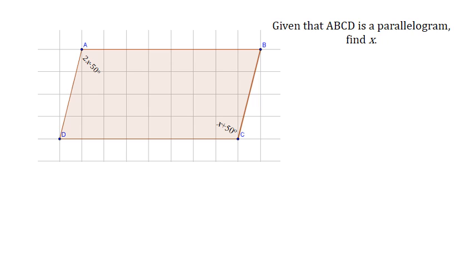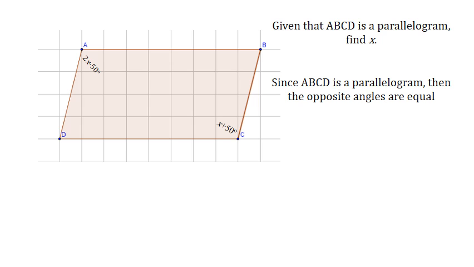Notice that the two angles A and C are opposite. So, since the angles A and C are opposite, then they are equal. In a parallelogram, the opposite angles are equal. This is the property we are talking about.